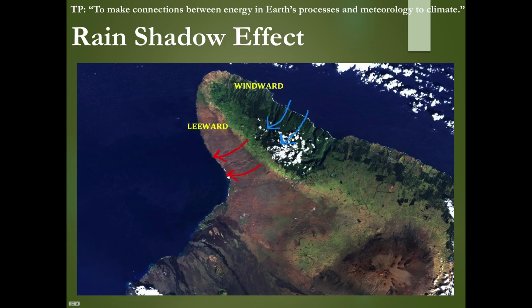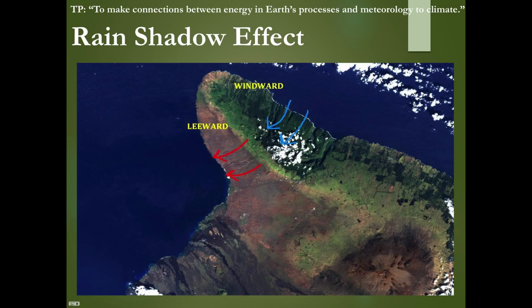Good example of this, I believe this is part of Hawaii, and we have the windward side. So notice over here we have some sort of continental divide, or a mountain peak. So the air mass comes up, we have all these cloud formations here on the windward side, a lot of precipitation. Notice a lot more green on this side, on the windward, than on the leeward.